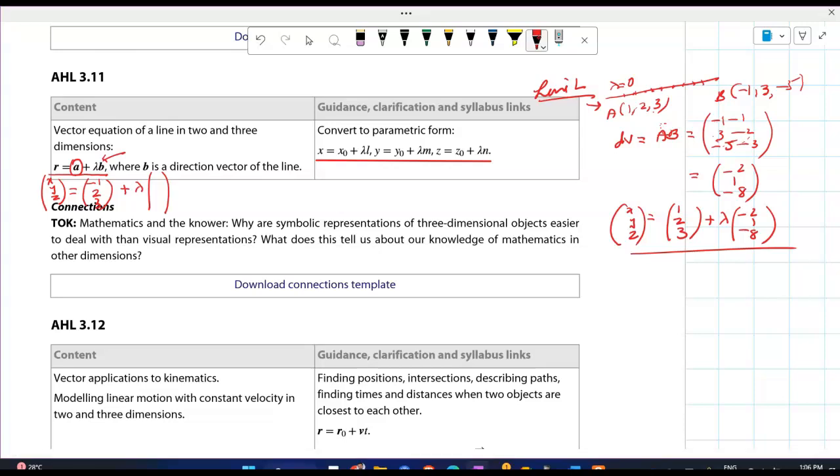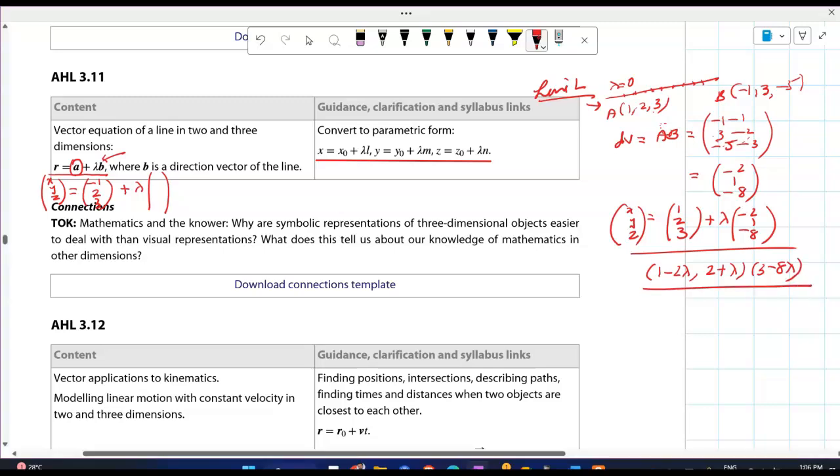You can assume it as x, y, z, but the problem with assuming x, y, z is that you are getting 3 variables. So it's easier if you assume the point to be 1 minus 2 lambda, 2 plus lambda, 3 minus 8 lambda. If you know the equation of a line, you assume any general point using this method.